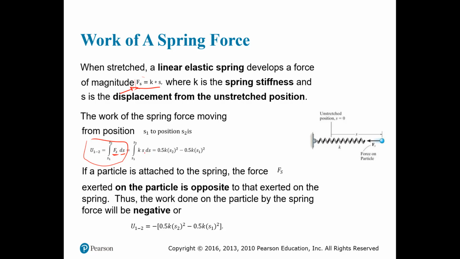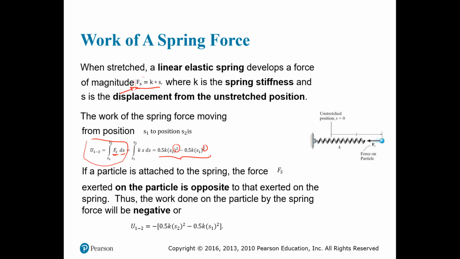When you perform the integration, you will get the following equation, which is 1/2 of k times the final position squared, and this is quite important, minus the same expression with the initial position squared. Okay? If the particle is attached to the spring, the force on the particle is opposite to that exerted by the spring. So therefore the work performed by this will be negative.